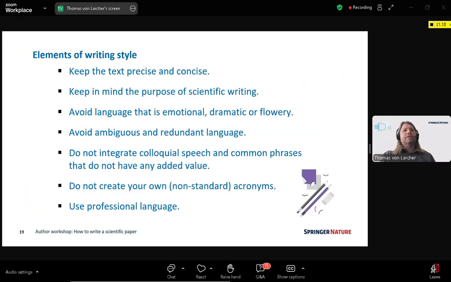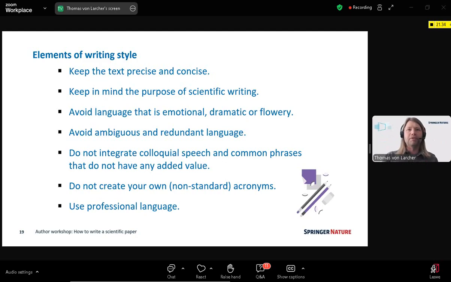Okay, so the next part here is advice on how to draft your text, right? My advice is keep the text as precise and concise as possible, right? No blah blah, no irrelevant information.